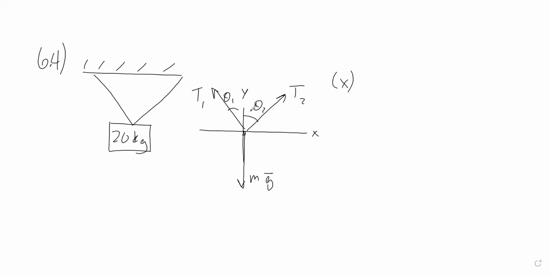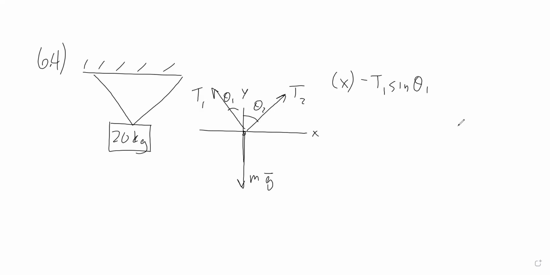Let's see, we have theta with respect to the y-axis. So the x component of T1 is going to be minus T1 sine of theta 1. Again, we'll drop the subscripts because they'll be equal, but I'm trying to do it generally.